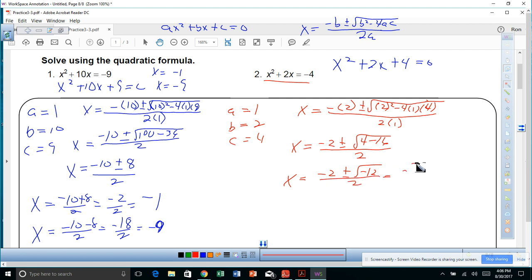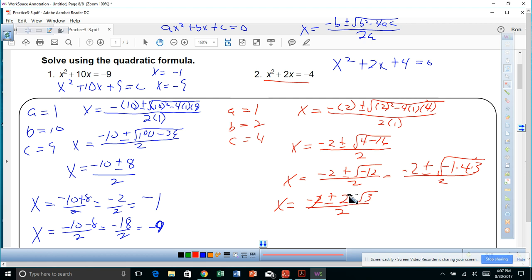And it's going to be negative 2 plus or minus the square root of negative 1 times 12, that would be 4 times 3, all over 2. So x equals negative 2 plus or minus, the square root of 4 is 2. The square root of negative 1 is i. The square root of 3, can't do anything about that, over 2.